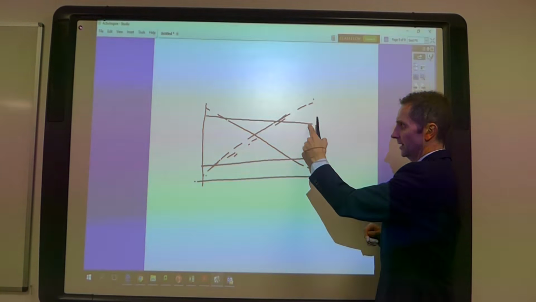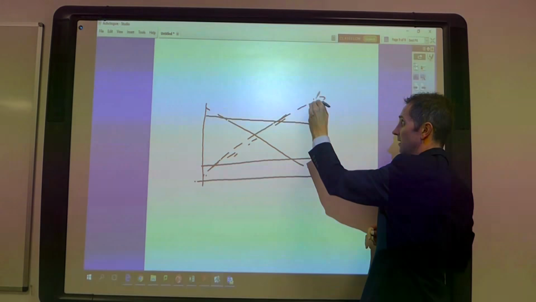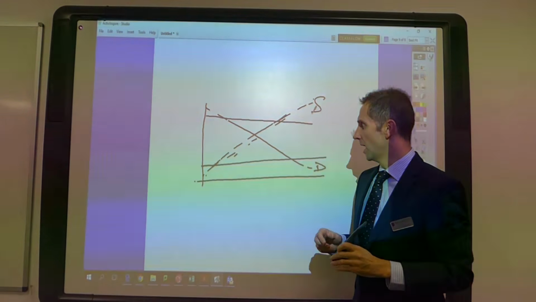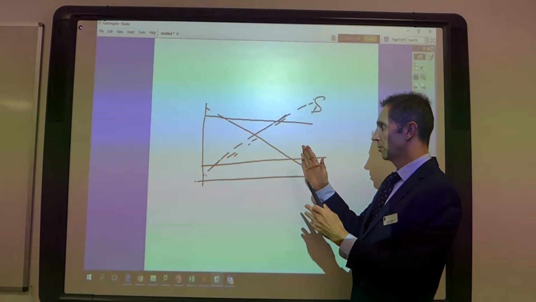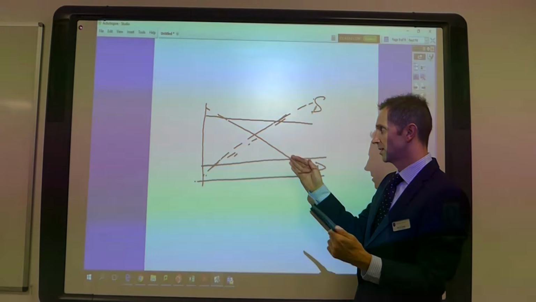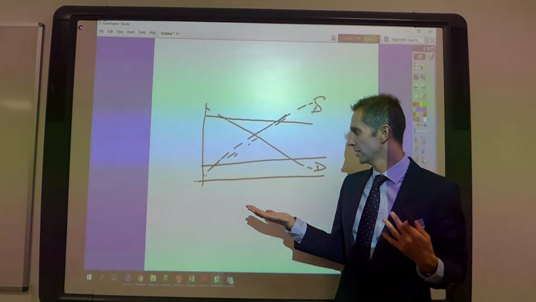So we've got upper ceiling, lower floor, demand for the currency, supply of the currency. And what can happen is that on a day-to-day basis, the currency can float, and it may be the case that it floats within these boundaries, in which case no action is required.